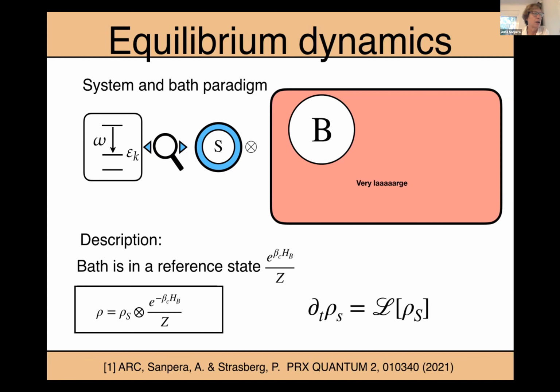So we have our Gibbs state, and then we have an initial state, which is the system times the bath, uncorrelated. Then we trace out the bath, and we end up with an equation of motion for the system, which is this Liouvillian equation. This is our standard way of doing it. And we have some approximations to solve these equations.